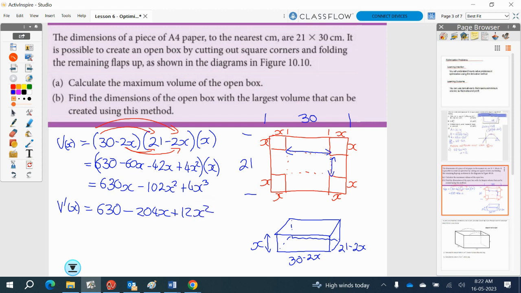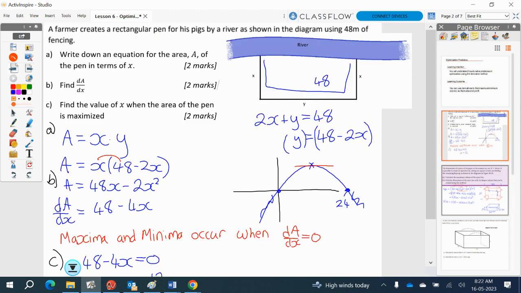What's our next step? Set it equal to 0. Why do we set it equal to 0? Because maxima and minima occur when the derivative is equal to 0.